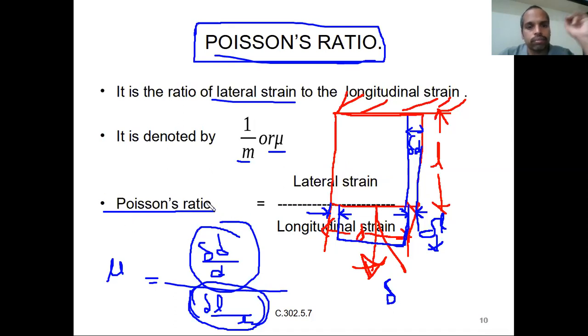For each material, whatever the type of load, tension, compression or anything else, that ratio will be constant. That means the ratio of the corresponding strains will be constant. That is nothing but Poisson's ratio.